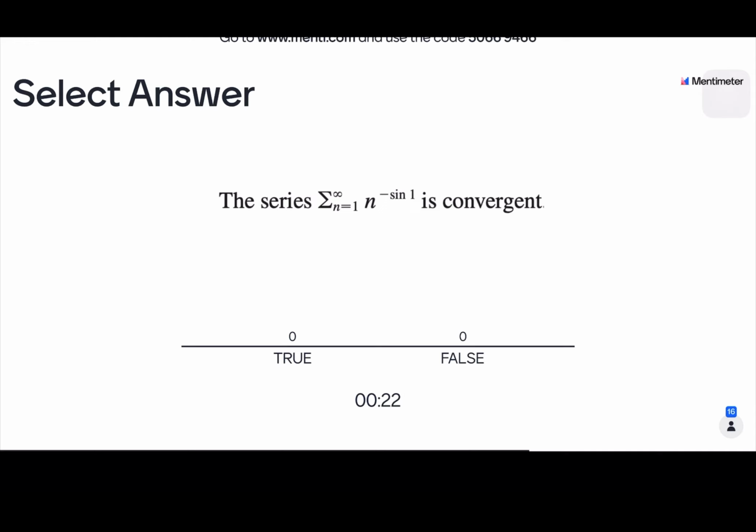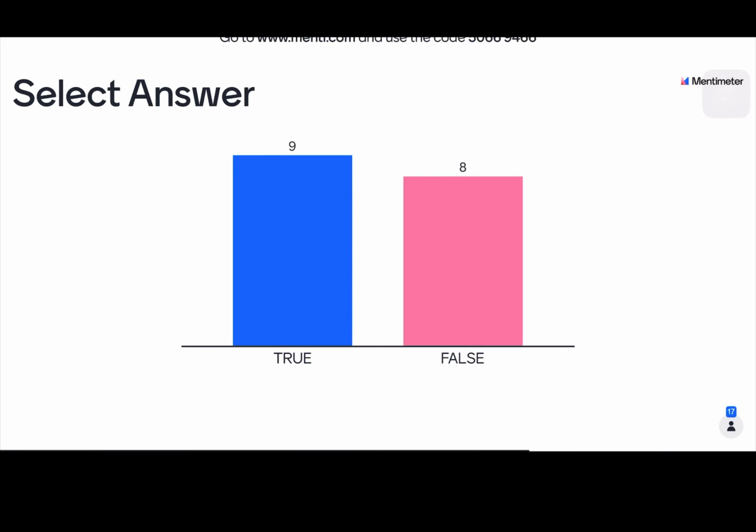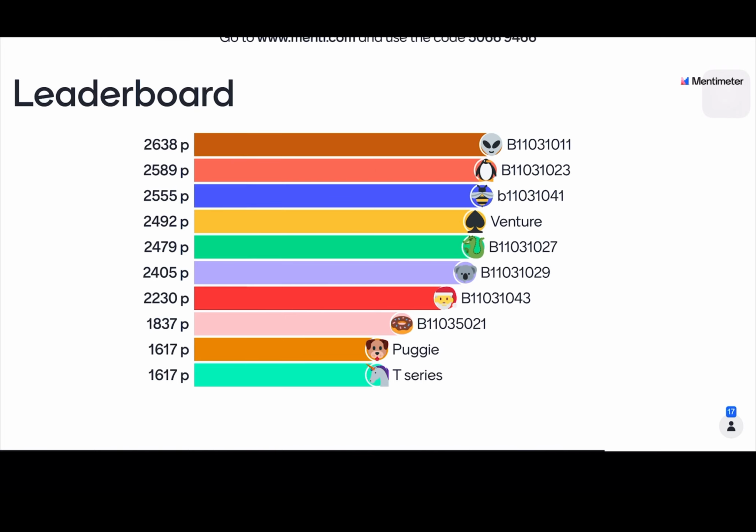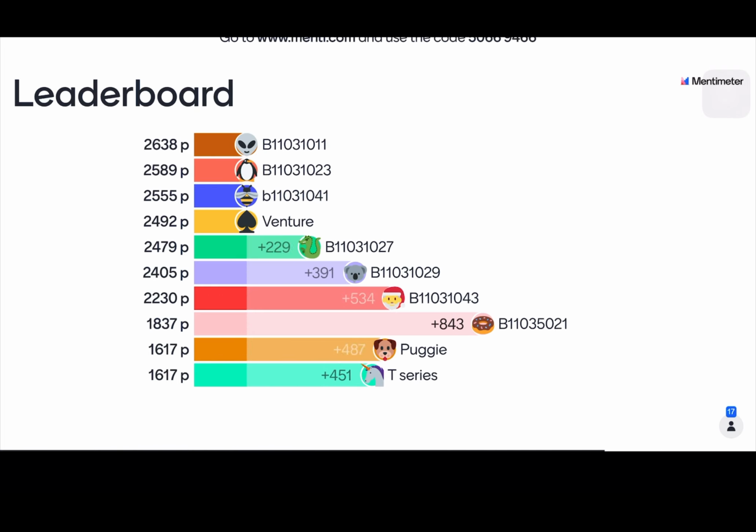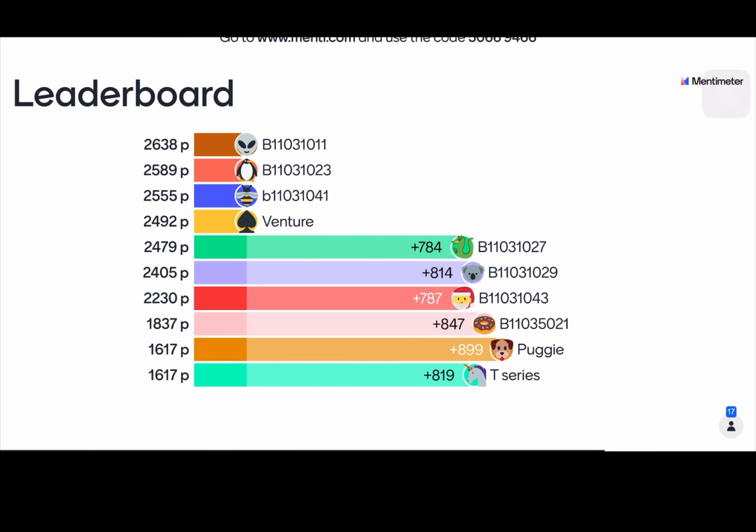If it's true, then just write true. The key is later using the P series.